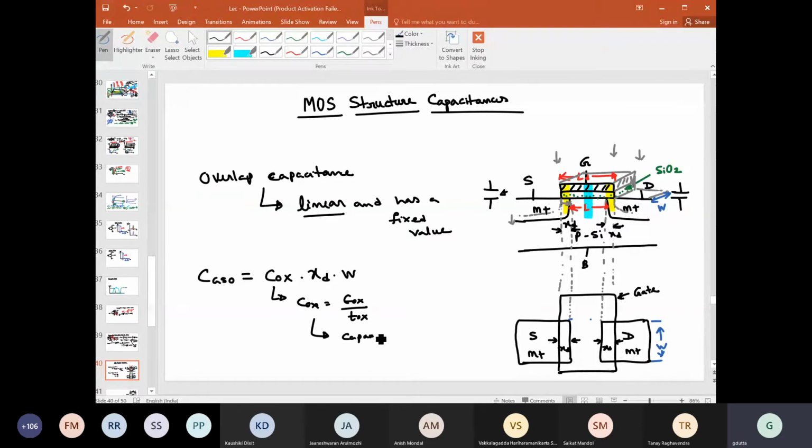So this is basically capacitance per unit area. Right? Please check if I can write this. And if you agree, please say yes. Yes, sir. Okay, great.